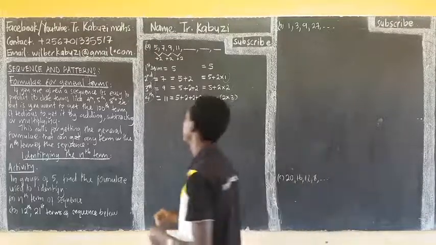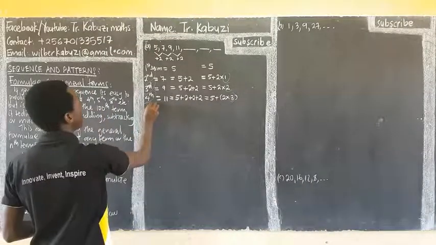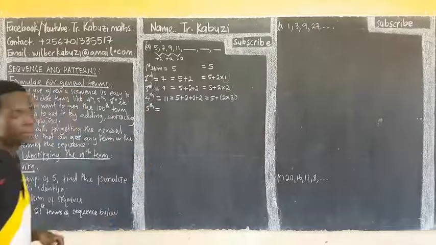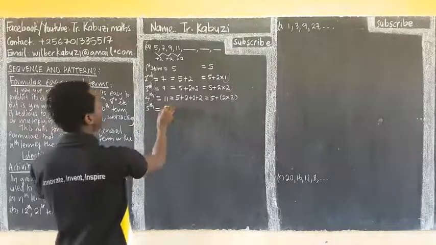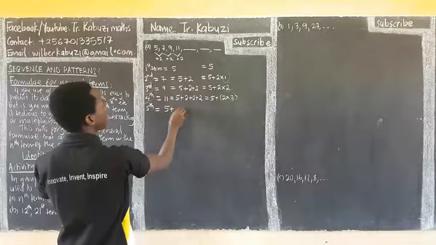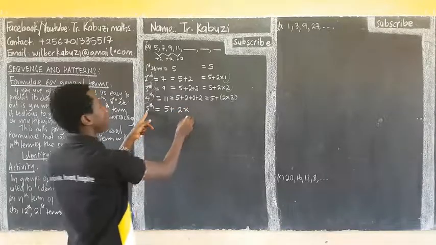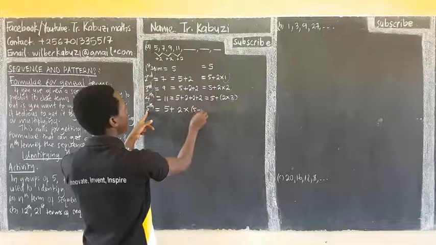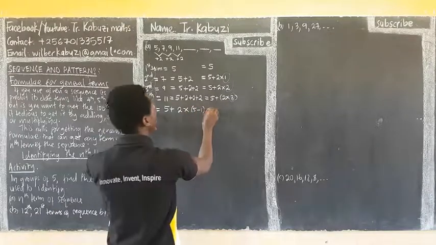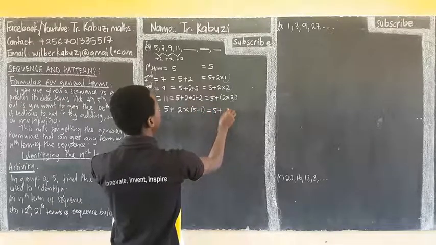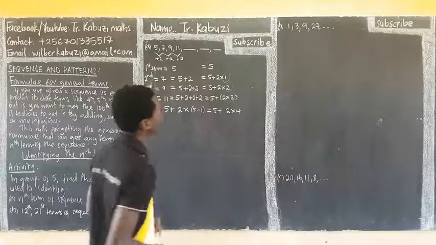So now, can we predict when we have the 50th term? We shall get 5, then plus 2 times 50 minus 1, which will be 5 plus 2 times 49.